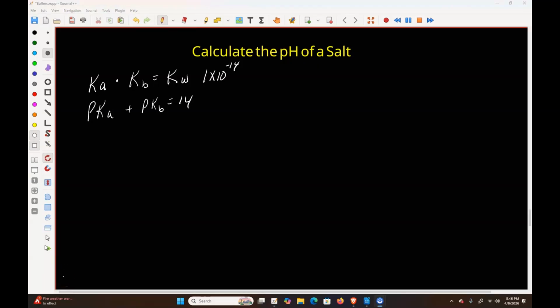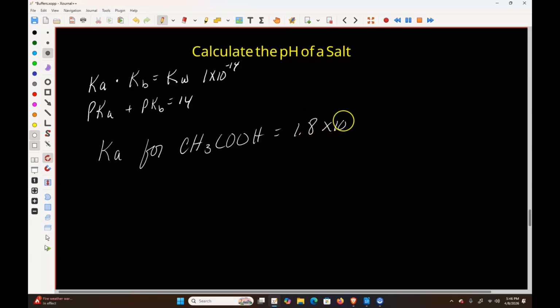So if I know that the Ka for acetic acid is 1.8 times 10 to the negative fifth, then what is the Kb for the acetate ion?